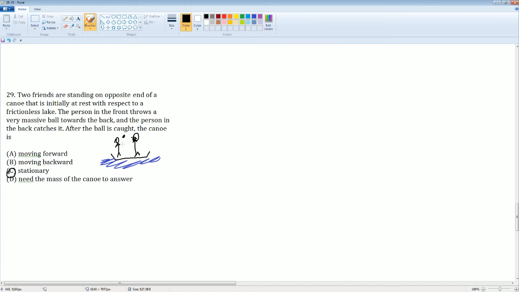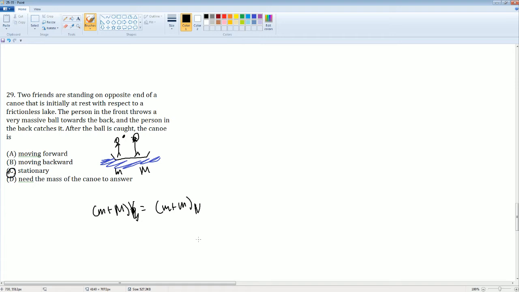It's stationary. Why? Because originally at the start it is m plus big M times V. In the end, it's still m plus M times V. The momentum is conserved.